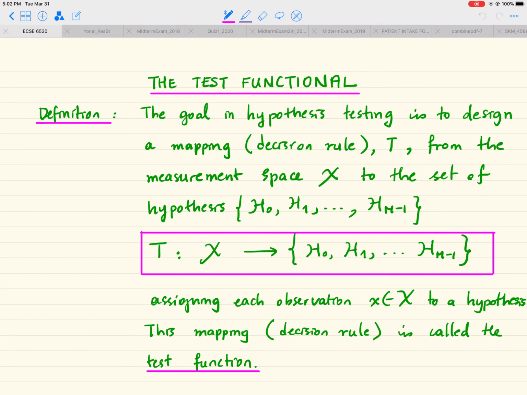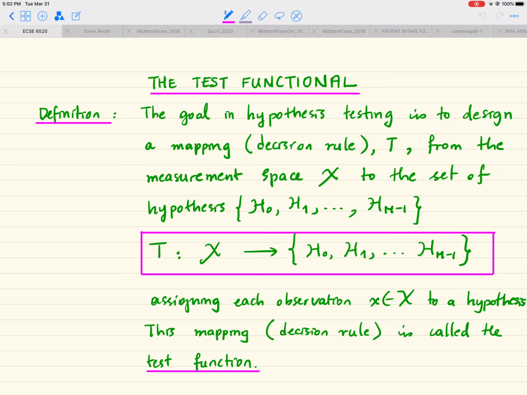Right, so we will use this concept of test functional or test function widely. We can define the goal of detection problem or hypothesis testing as to define a mapping T from our sample space to the set of hypotheses, because ultimately we have to make a choice between m different hypotheses.